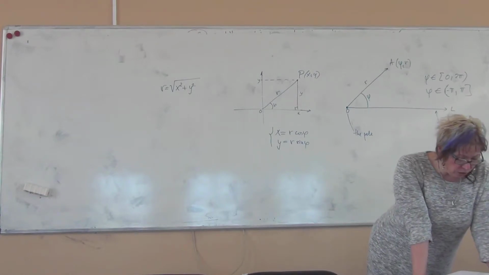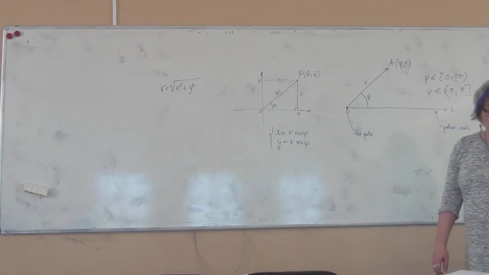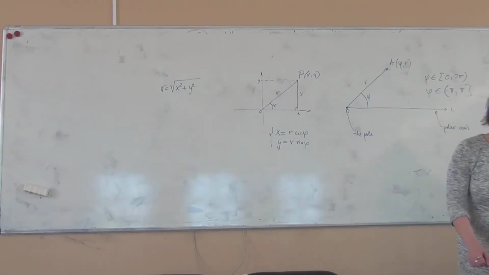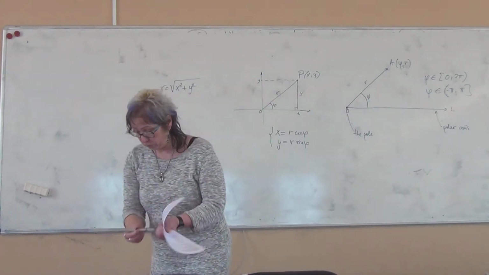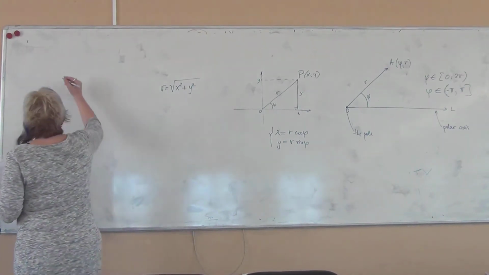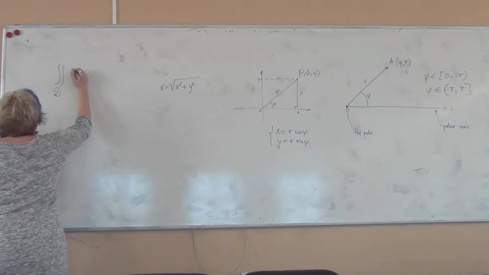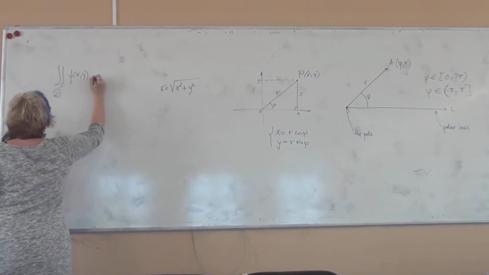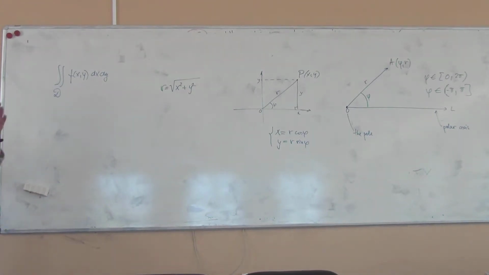Alright, now the double integral. How can we convert the Cartesian integral to a polar double integral? Suppose we have the double integral on some region of f(x, y) dx dy, without the iterated form, simply the double integral form.